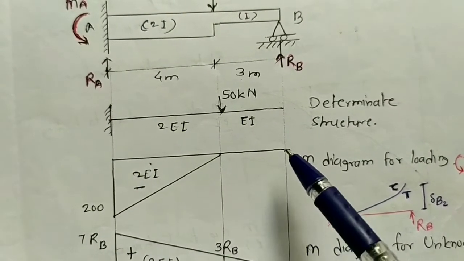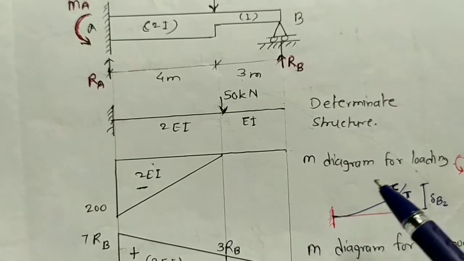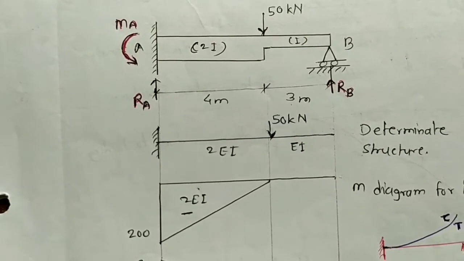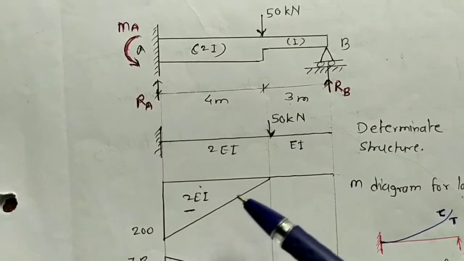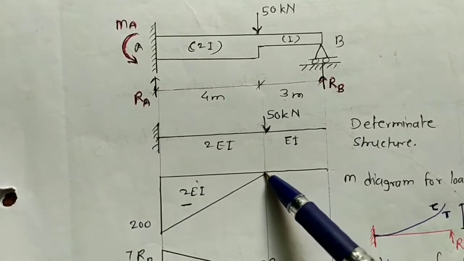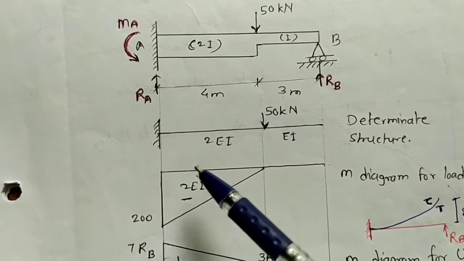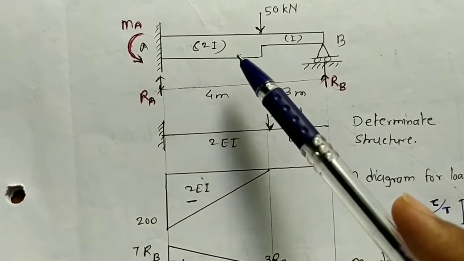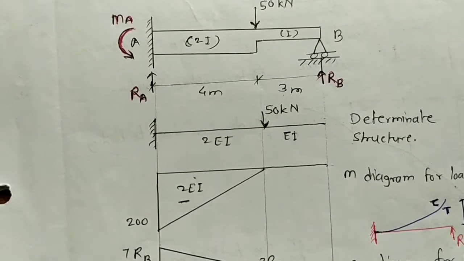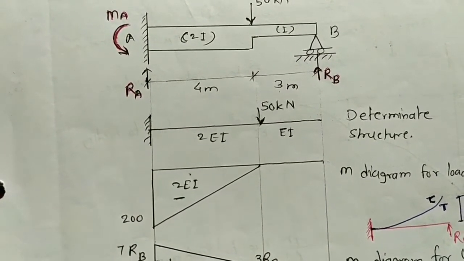Take the area, take the distance and multiply it by the EI variation. Of course, in this M diagram we have to consider only this much. The diagram is up to this point only, and up to this point there is only 2EI, so we'll multiply it by 1 upon 2EI.